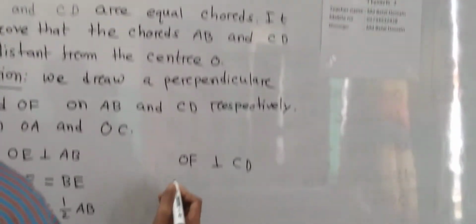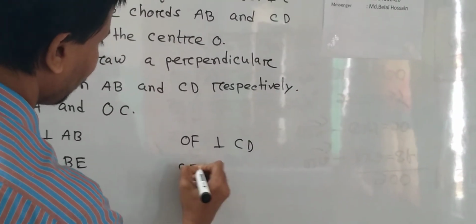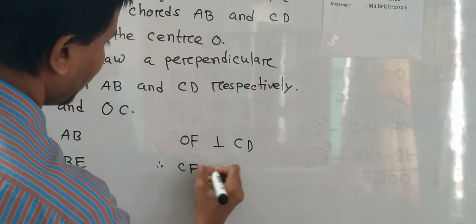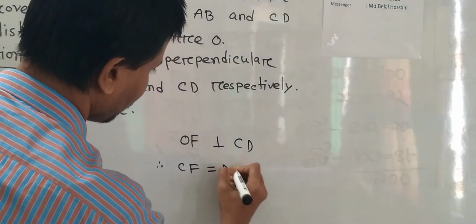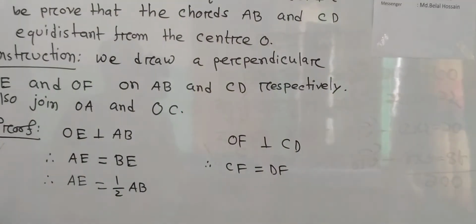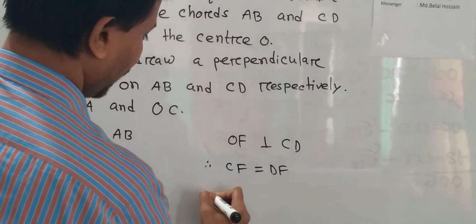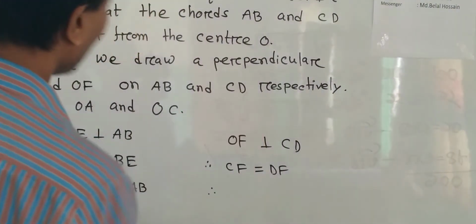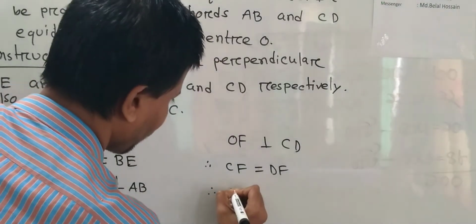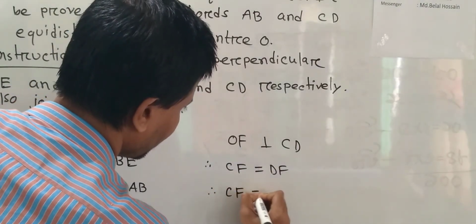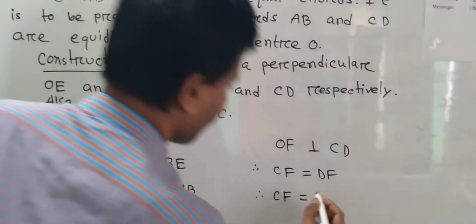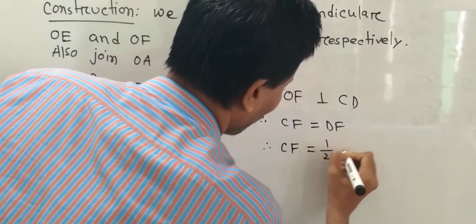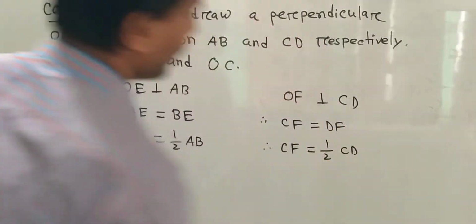That means we can write CF equal to DF. Therefore, similarly we can write CF equal to half of CD.